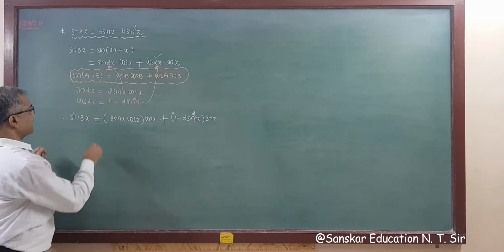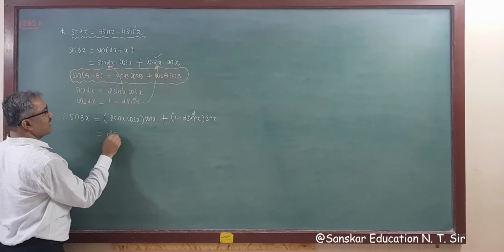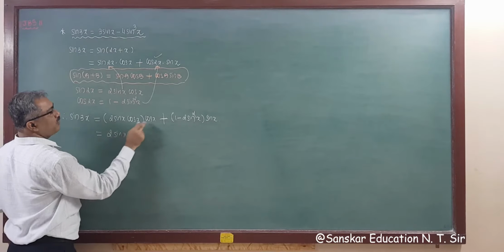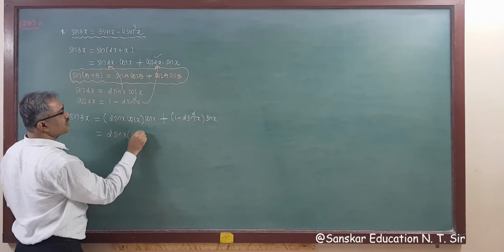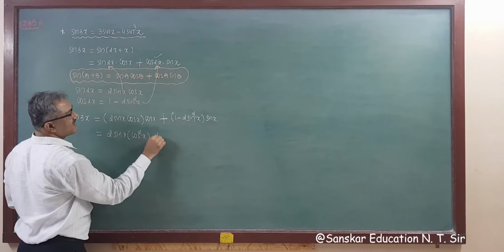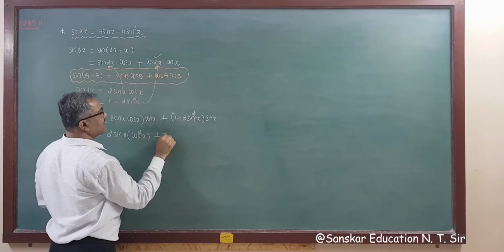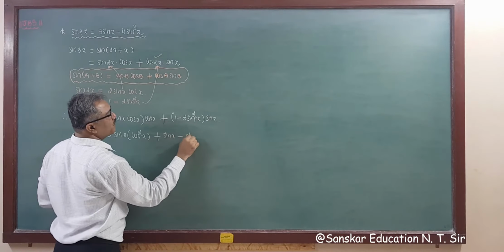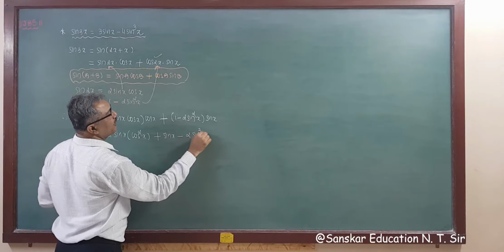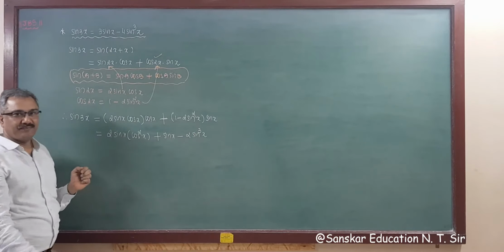Multiplying, this is 2 sine x into cos square x, plus sine x minus 2 times sine cube x.